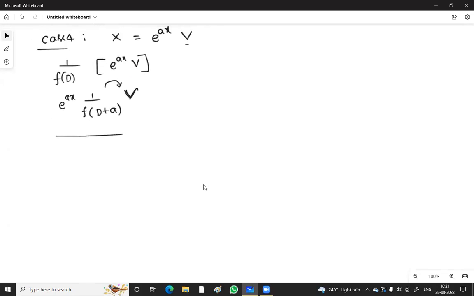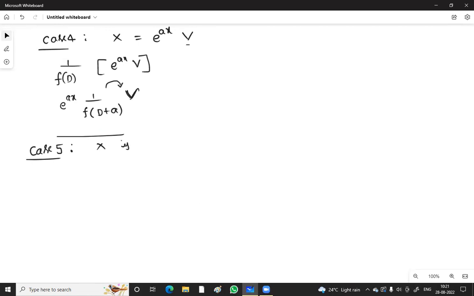Now case 5. Actually case 5 is the general case. If x is other than the given four cases, this general case can apply on any case.